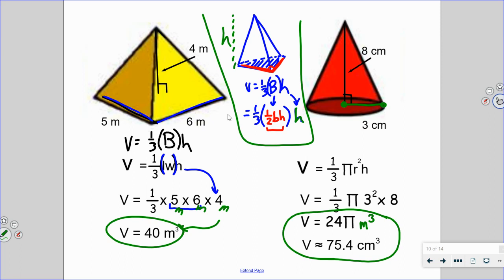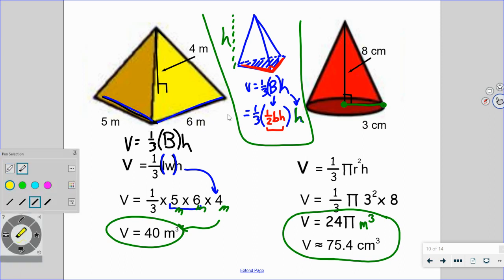So, how are these problems similar? How are they different? Both have a 1/3. Both have to figure out the area of the base.